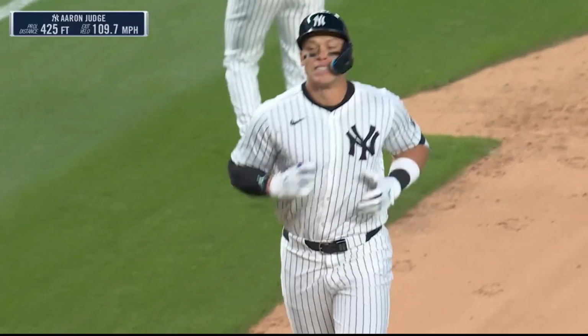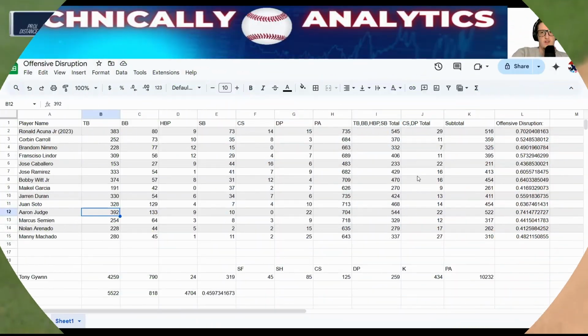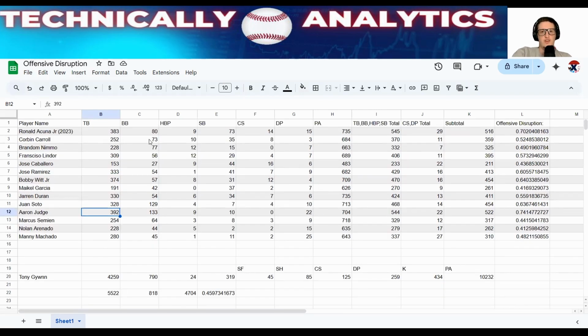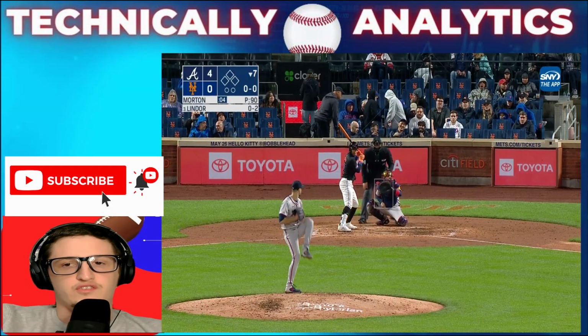Some guys do, like Judge, like Acuna, but a lot of guys don't. And I think that's what the stat measures. It measures those guys that would not be highly rated otherwise, maybe as a speed guy or leadoff guy. But yeah, so really that's offensive disruption.